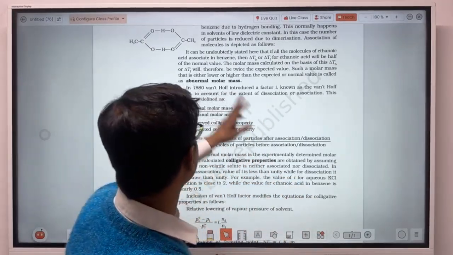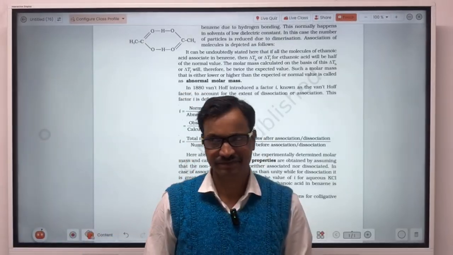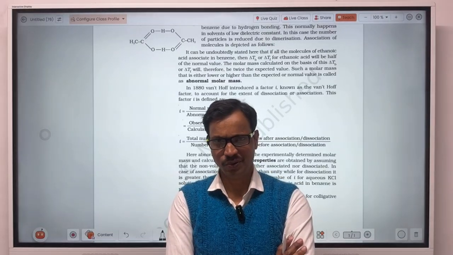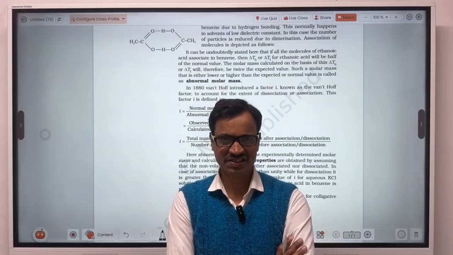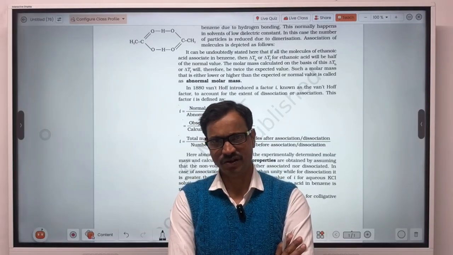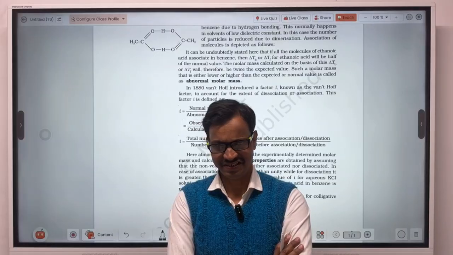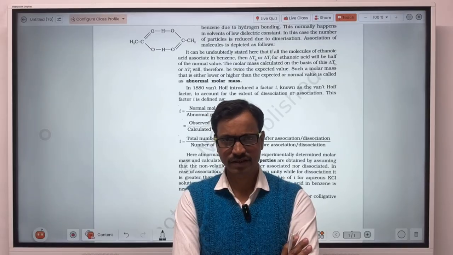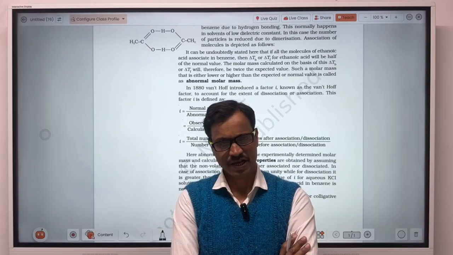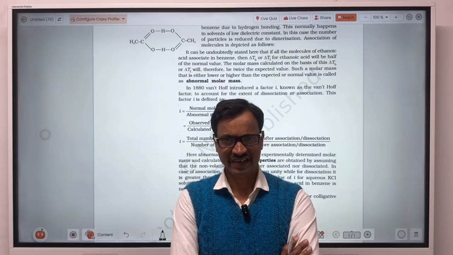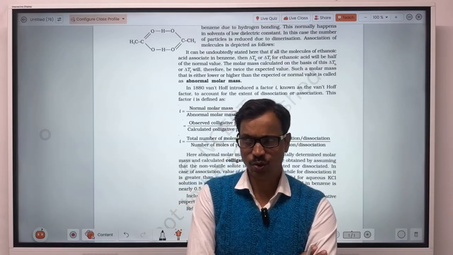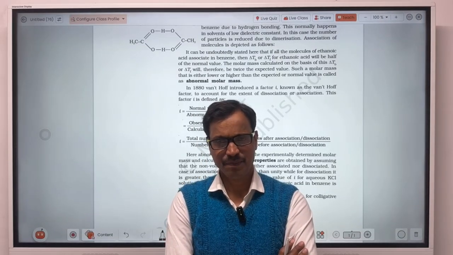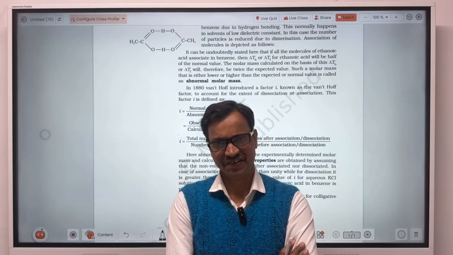Let's see here, one example has been given, that is acetic acid. You might have studied in the chapter of aldehyde, ketone and carboxylic acid, and if not, then you will study in that chapter, that the lower members of carboxylic acid associate when dissolved in an aprotic solvent, or in vapor phase.